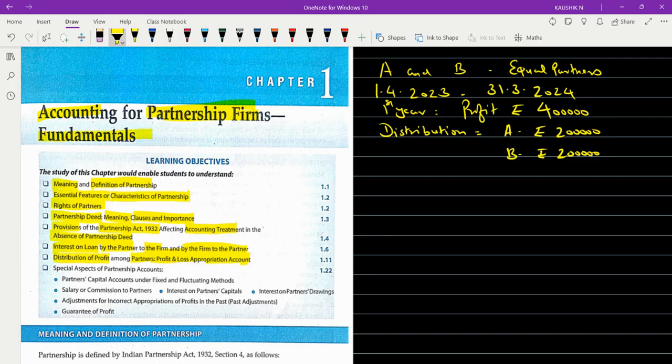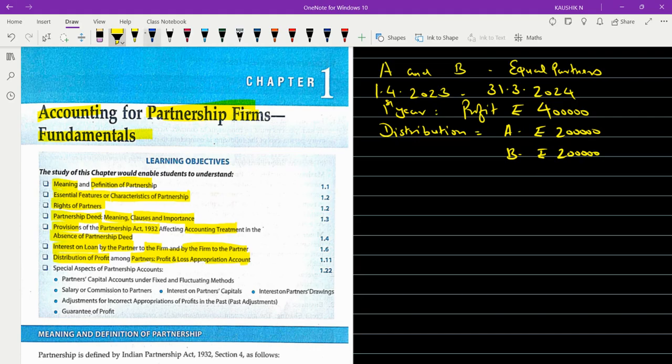In this particular account only we are going to showcase how it will be distributed or how it will be collected. So it is an account prepared only for the purpose of distribution. That is the ultimate objective of preparing the profit and loss appropriation account.